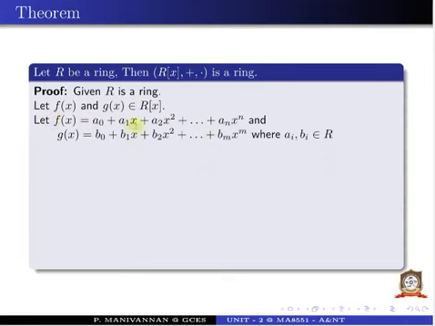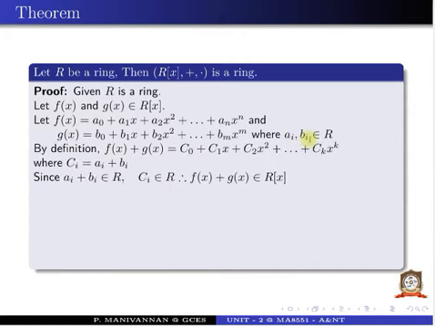Here, for simplification, we use a0, a1, etc., an x power n. g(x) is equal to b0 plus b1x plus b2x square plus etc. plus bm x power m, where ai, bj belong to R.